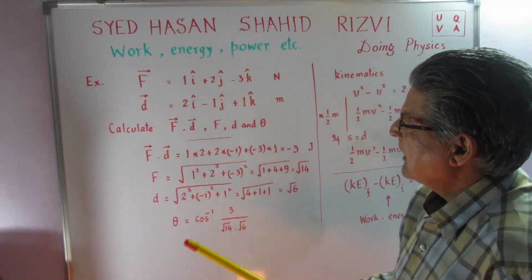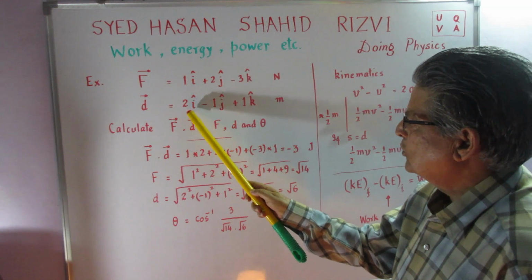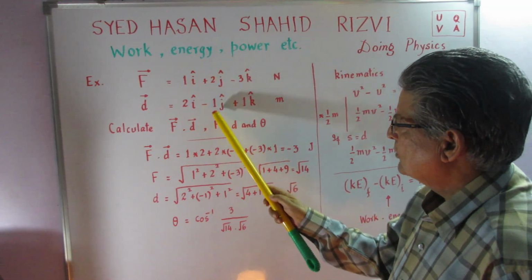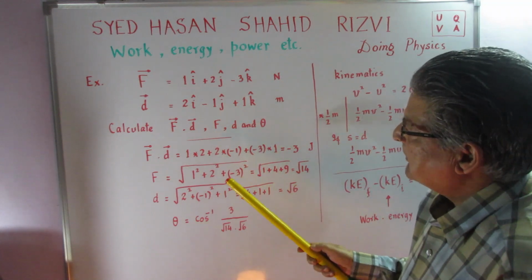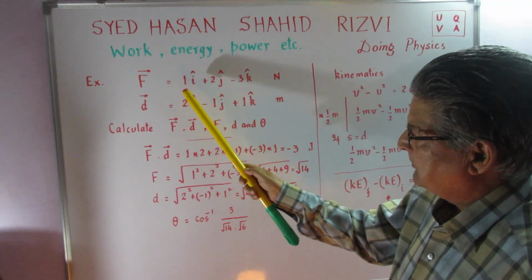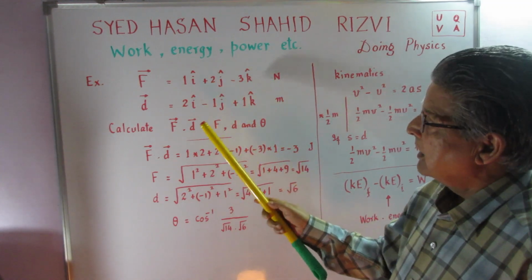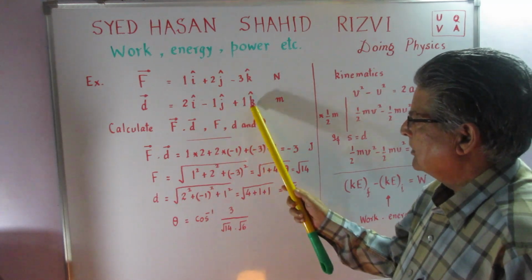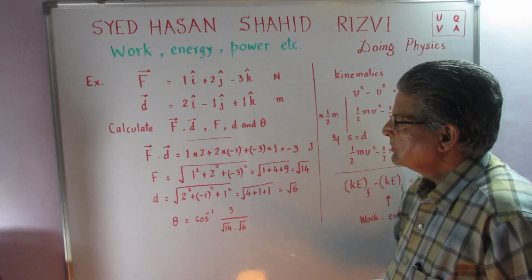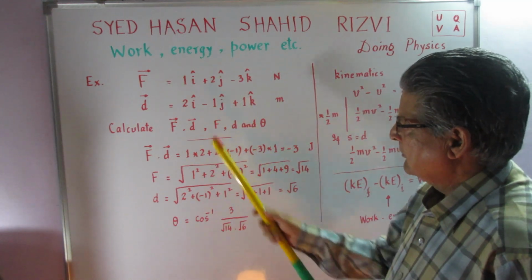F dot D, I can have it like this: 1 into 2 plus 2 into minus 1 plus minus 3 into 1. I prefer to write this as 1i. It may be written i plus 2j minus 3k, and here again it can be written minus j and plus k. But I prefer to write the numbers along with these equations.